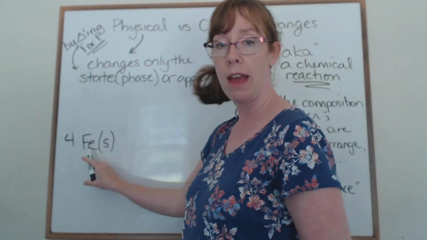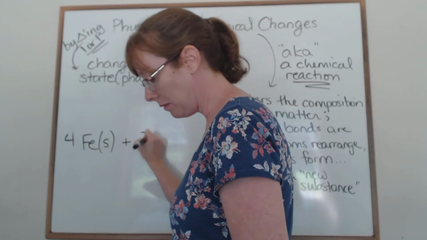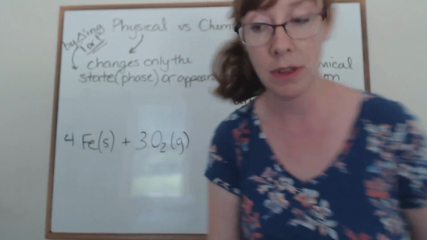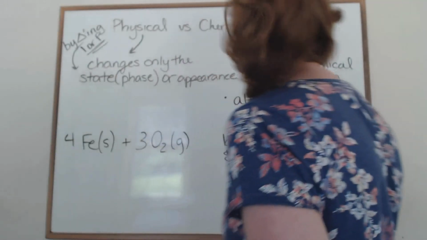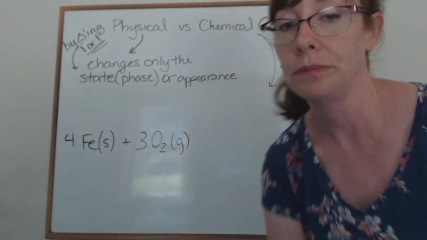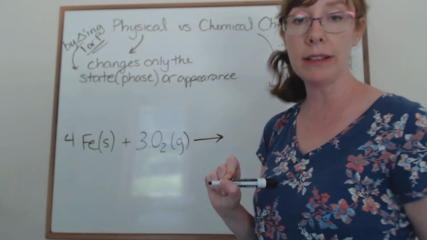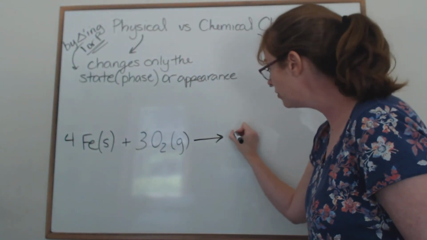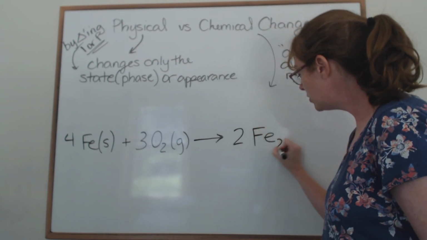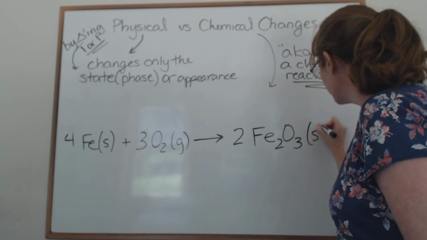So 4Fe solid plus 3O2 gas. Arrow. And I'm going to teach you how to say all this in just a second, but let's get it in your notes first. 2Fe2O3 solid. Okay.